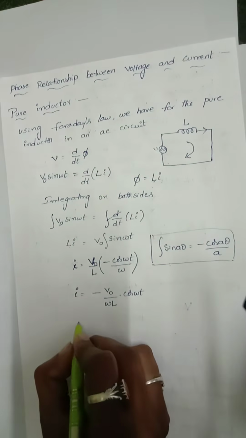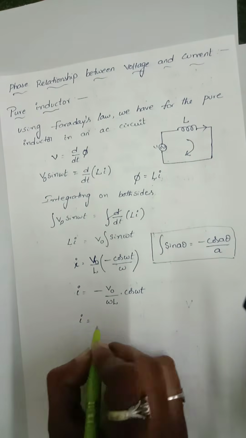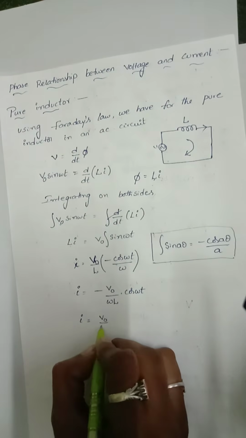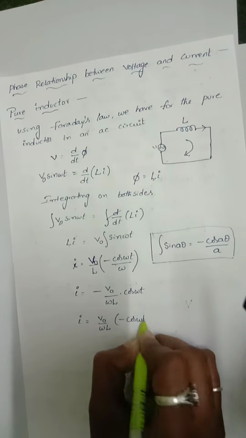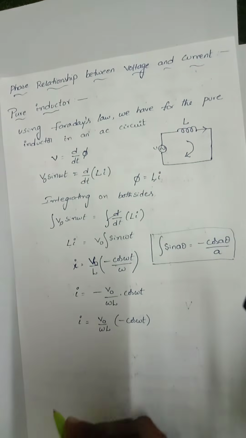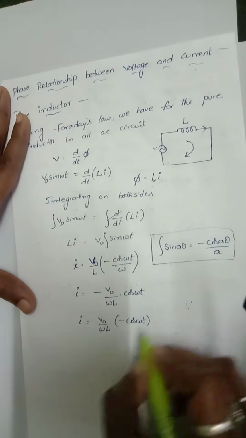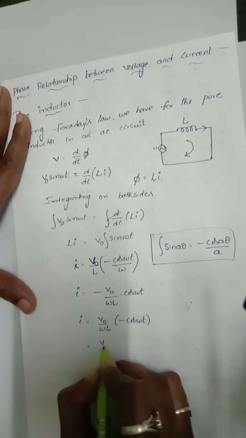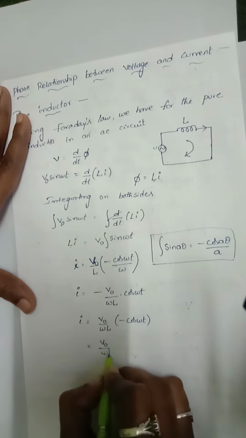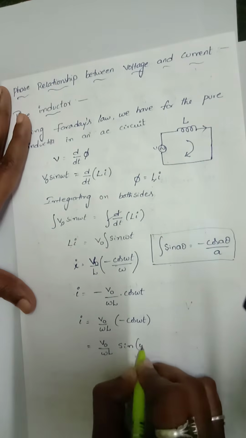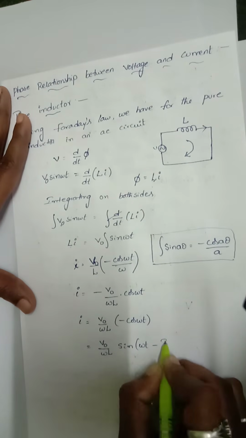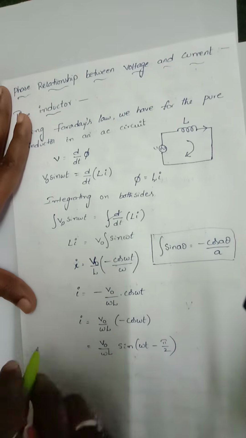I is equal to V naught by omega L into minus cos omega t, that is equal to V naught by omega L sin of omega t minus pi by 2.